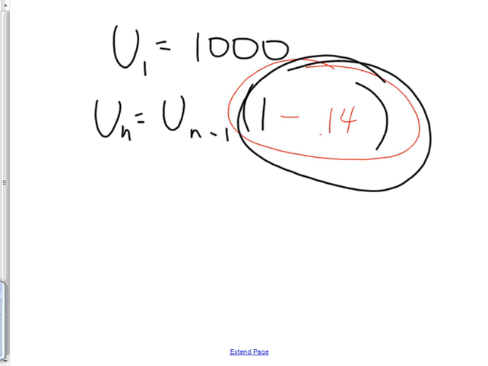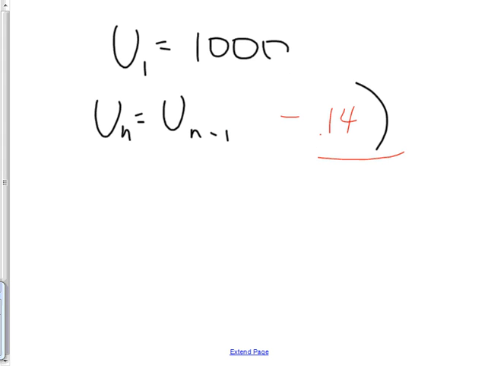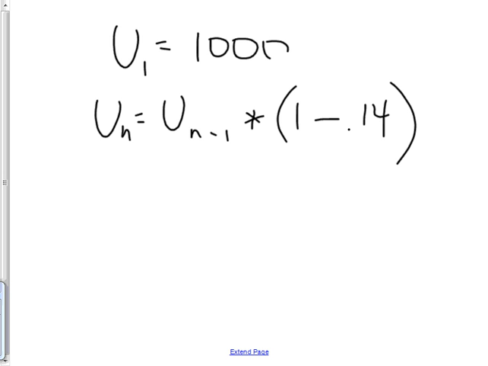So if you have 14% decay, you should really be using a decay factor of 0.86. And people tend to just say, oh, so I should put a 0.14 right here, times 0.14. Now that wouldn't be 14% decay. That would actually be 86% decay. So if you want 14% decay, you go like this: 1 minus 0.14.